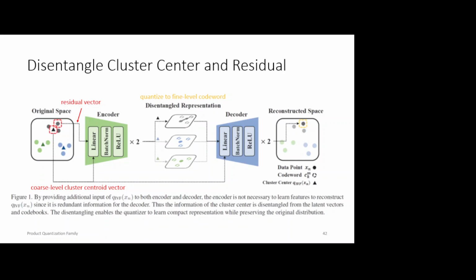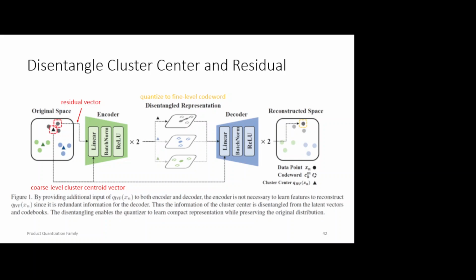We do the quantization here. Suppose the residual vector, because this data X belongs to the first cluster, we will use this residual to quantize to this cohort. So the quantization is represented like this: it belongs to the first cluster, and here it belongs to the second cohort. Then we use it to do the reconstruction.